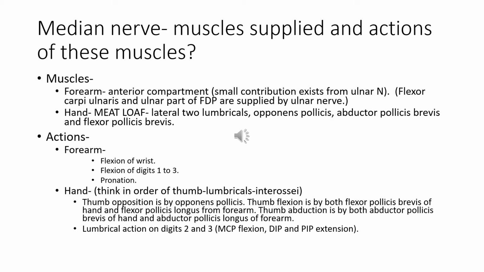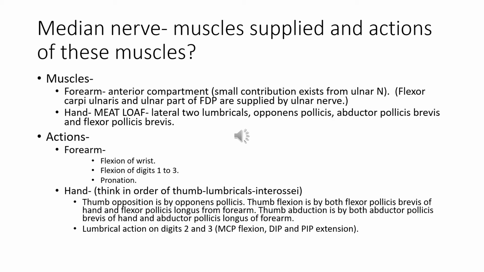Median nerve also supplies some muscles in the hand, which are best remembered by the mnemonic LOAF. That is, median nerve innervates LOAF, L for lateral two lumbricals, then O for opponens pollicis, A for abductor pollicis brevis, and F for flexor pollicis brevis.